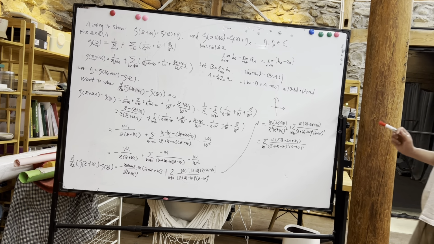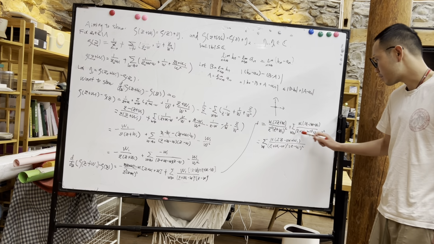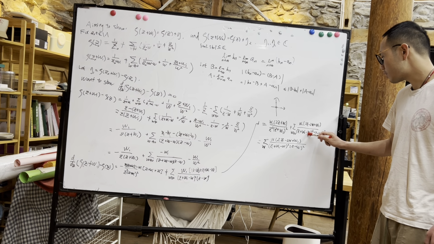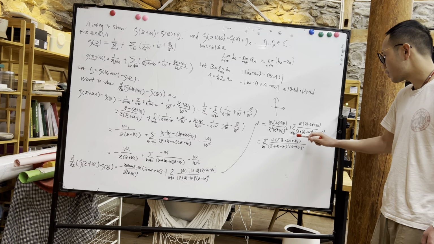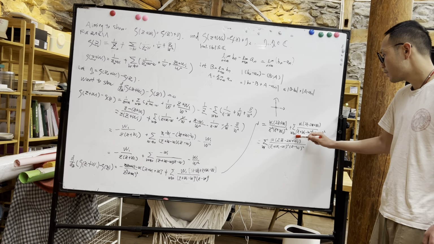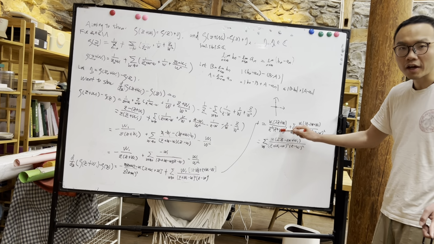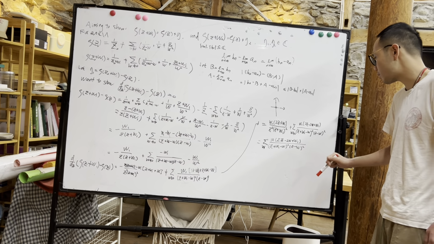If we just look at the denominator here, you see that there's an extra omega compared to this one, and we are summing over all the omega not equal to 0. So this is a term that corresponds to where omega is equal to 0.